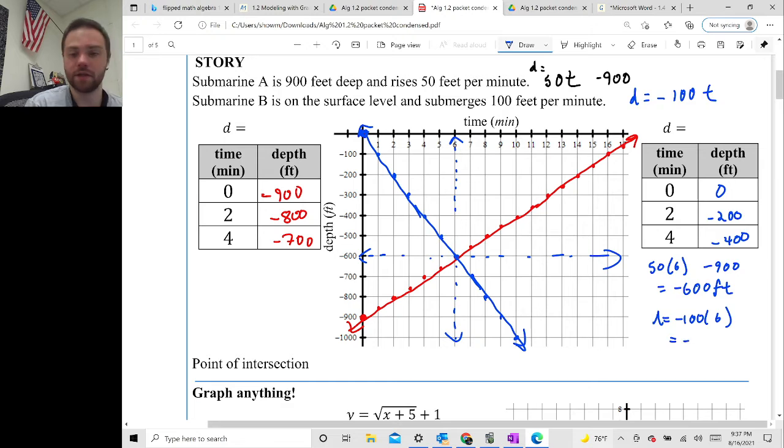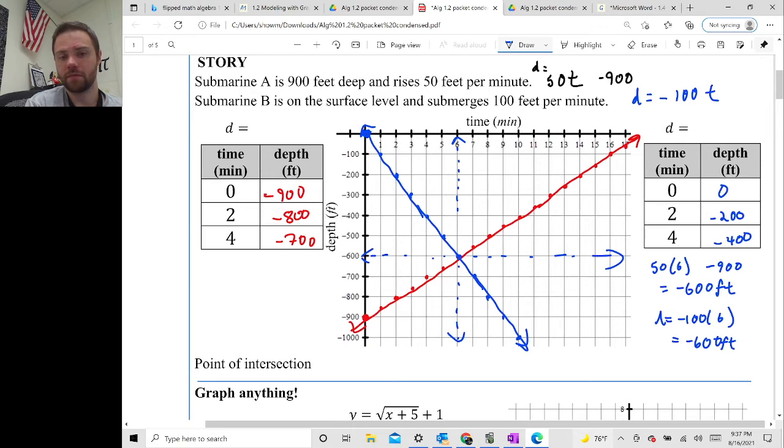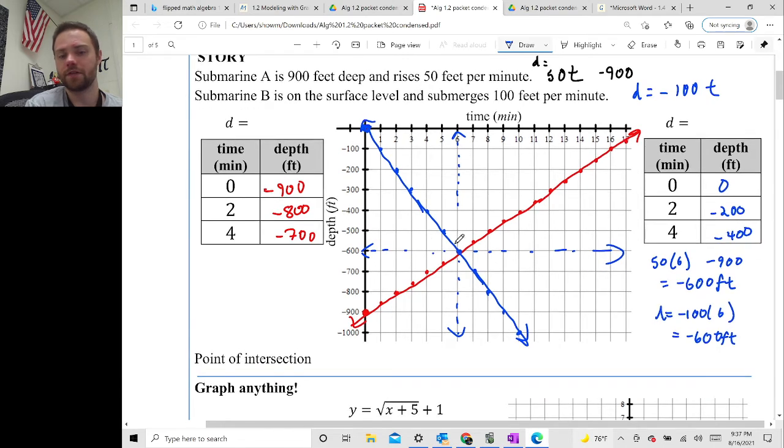So that is negative 600. So they're both at negative 600 feet at 6 minutes in. Okay? Past that, the first submarine's going up, up, up, up, up. And the second submarine is going down to the Mariana Trench.